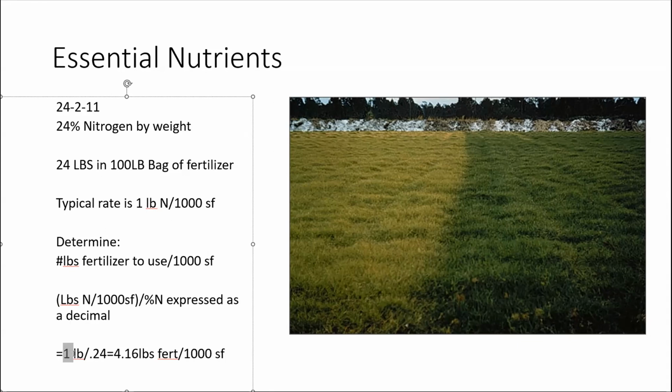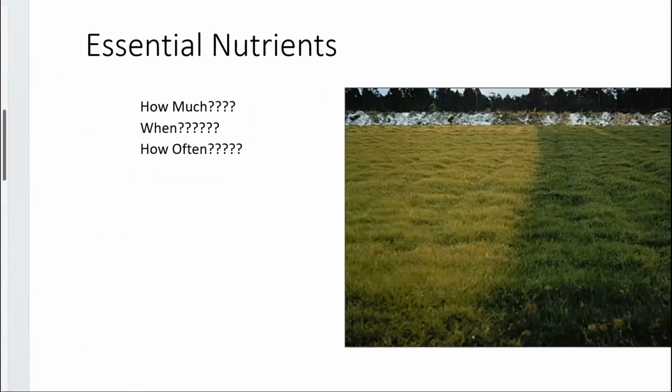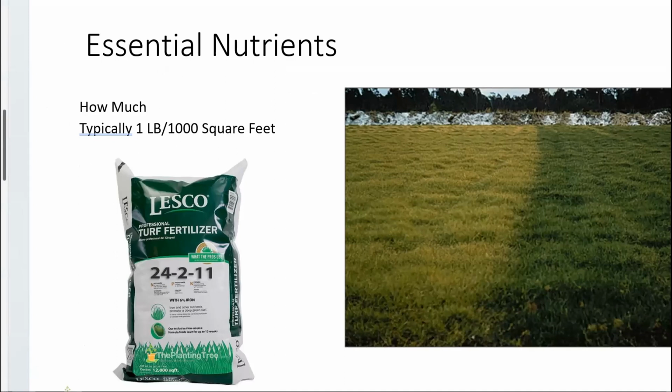So here's the example. Our rate that we wanted was 1 pound of nitrogen per 1,000 square feet. We take 1 pound and divide it by the percentage of nitrogen expressed as a decimal. So, 24% nitrogen.